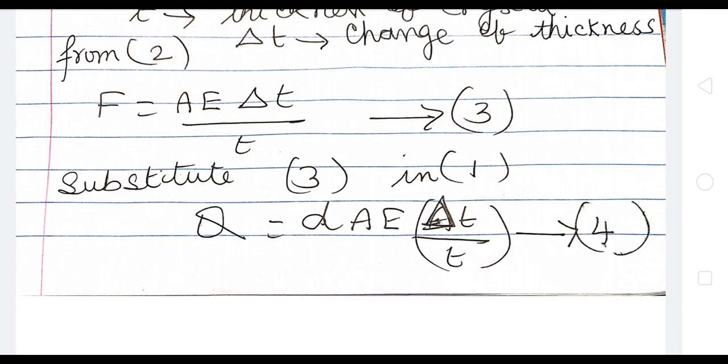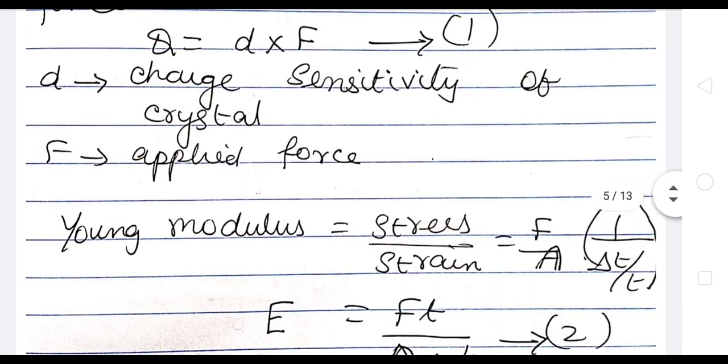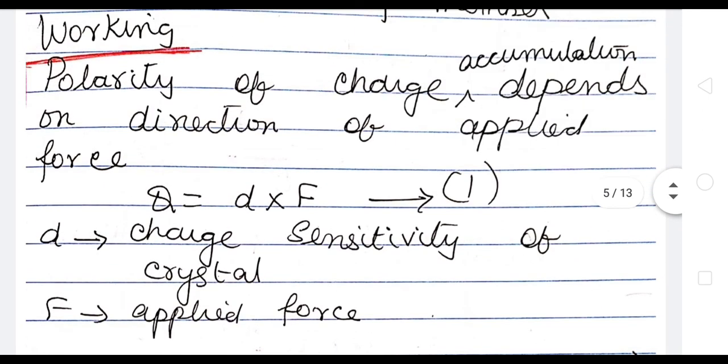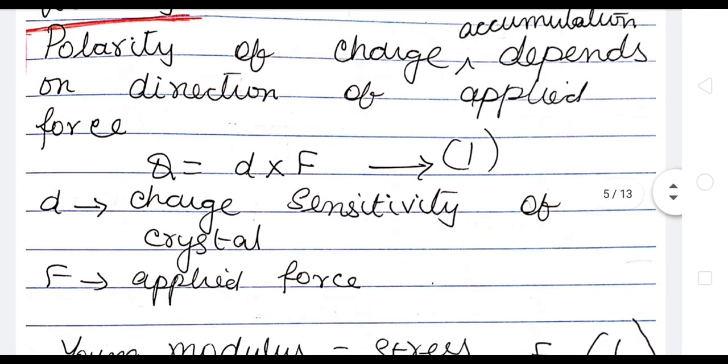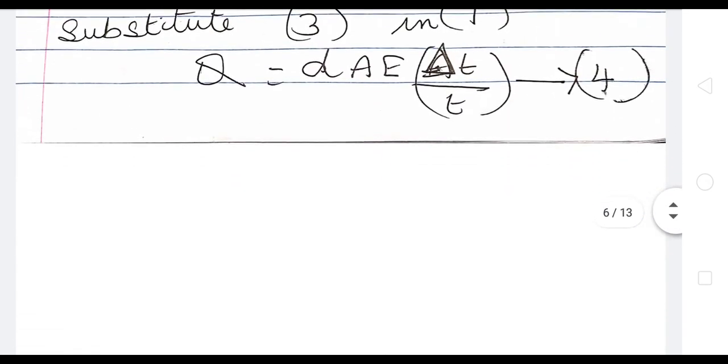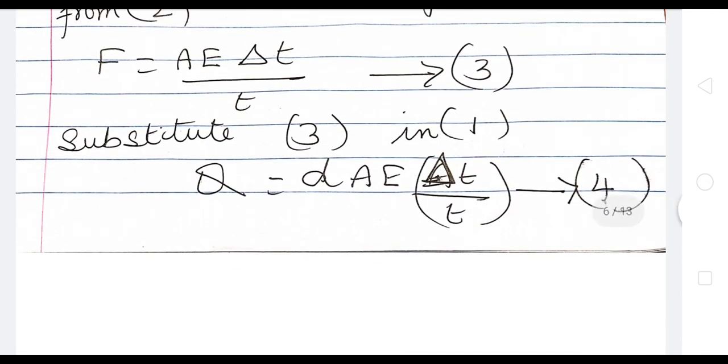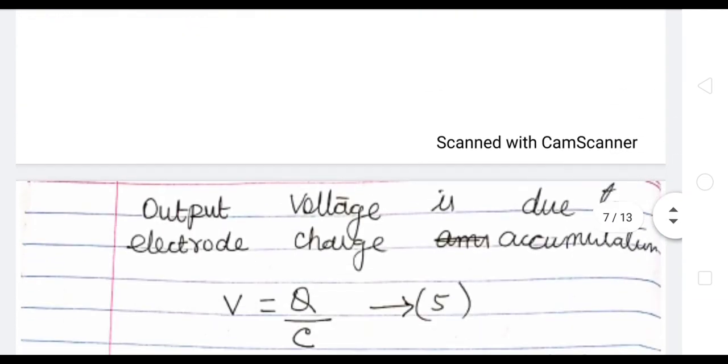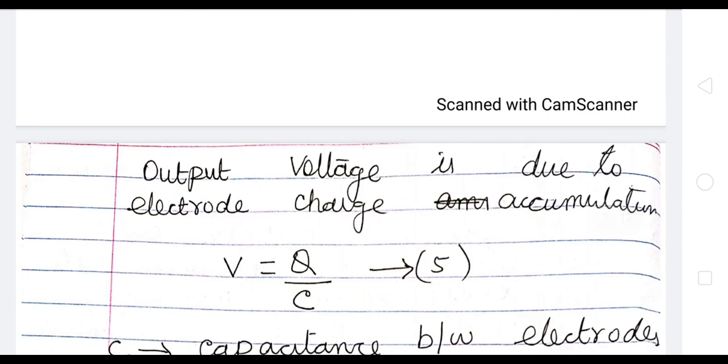Now substitute equation 3 in your charge equation, that is Q is equal to D into F. In this F you have to substitute equation 3. So now Q can be obtained as D into A E del T by T. Now the output voltage at the electrode is due to charge accumulation and there will be two electrodes, in between that there will be a crystal, so that it is a parallel plate capacitor.